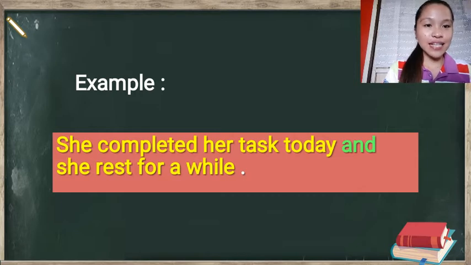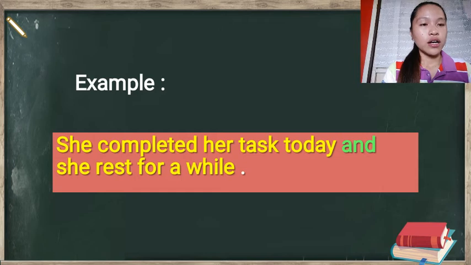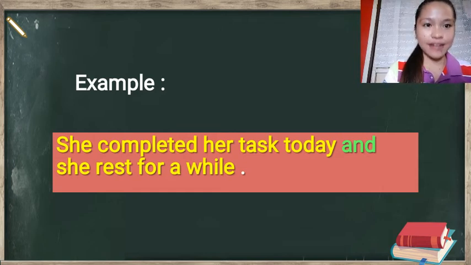So in this sentence, we can identify the independent clauses. The two independent clauses are she completed her task today. It can stand alone, and the other one is she rested for a while. It can also stand alone, and these two are joined by the coordinating conjunction and.